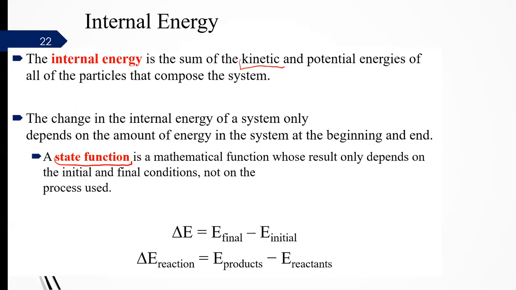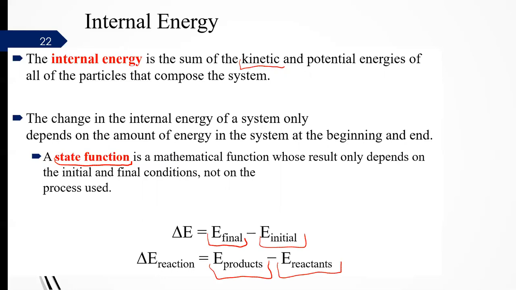So state functions, what you want to think about is that it doesn't matter the pathway that you took. It only matters where you started and where you ended up. And so it's this idea that it's always your final position minus your initial position, and that's going to be your change overall. It doesn't matter how you got there. And the reason why that's helpful for us is for a chemical reaction, then that would be our energy of our products minus our energy of our reactants.